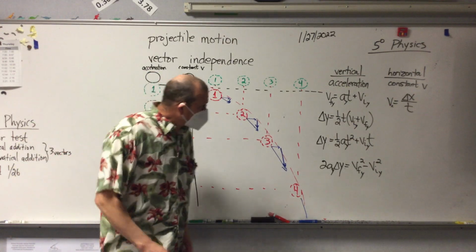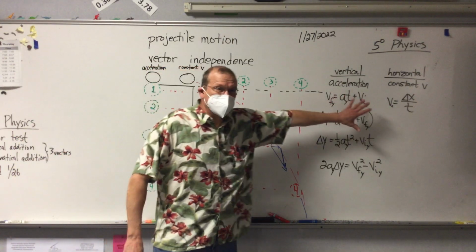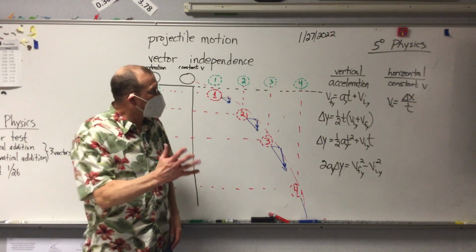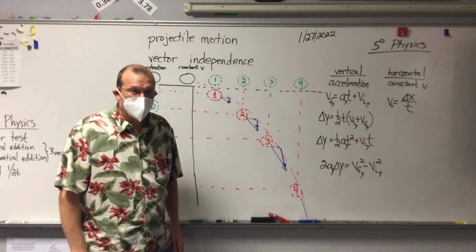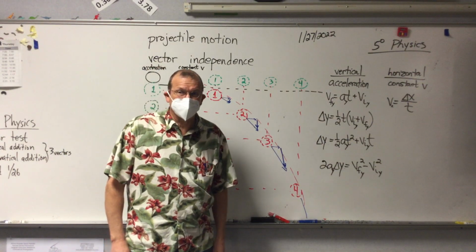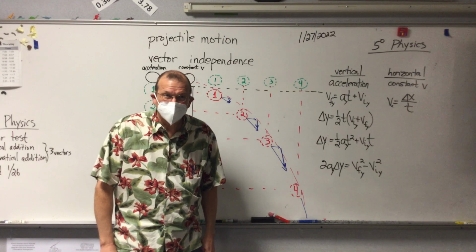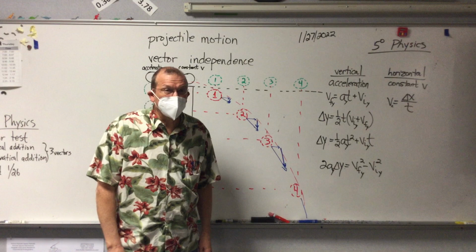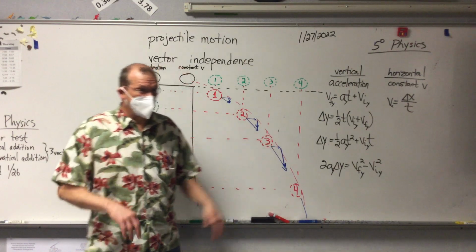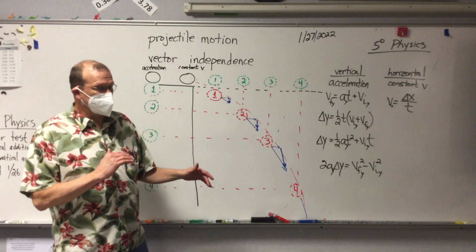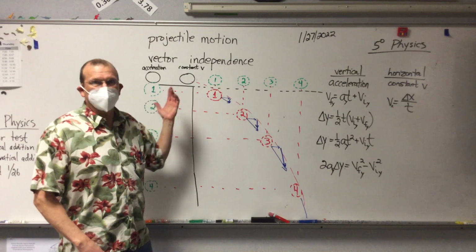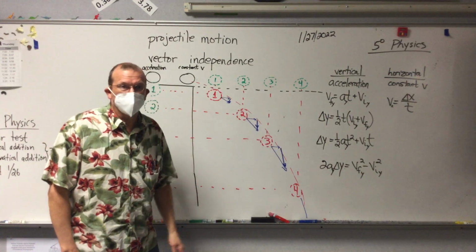Okay, now, coming back to the equations, Ariel brought up the t thing. Why don't I have to do a t_x and a t_y? Because it's the same for both. It's impossible to say, oh, well, I was horizontal this long and vertical that long. You're in projectile motion or you're not.